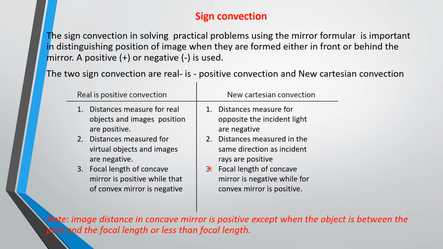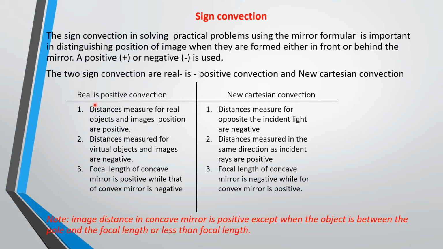The focal length of a concave mirror is positive, while that of a convex mirror is negative. So when you see a question that says concave mirror, you should know that the focal length is positive. If it is a convex mirror, the focal length is negative.